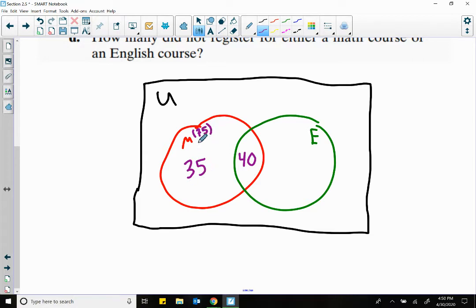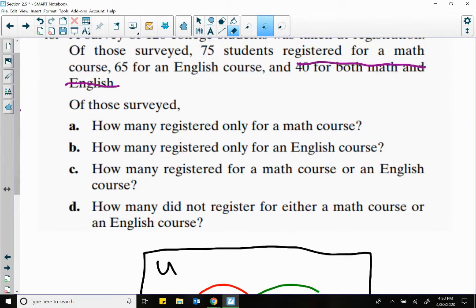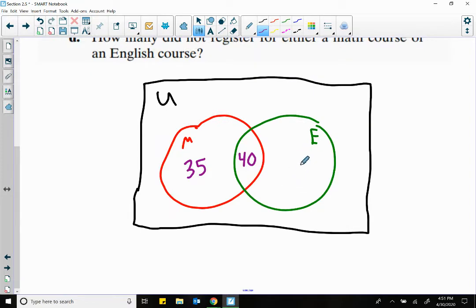See how I said that you were not really going to use that 75? Technically, this number does not exist there. But between these two numbers, it totals up to 75, which represents the 75 that registered for math. So we cross that off. We're done. And now we repeat the same process over here in English.